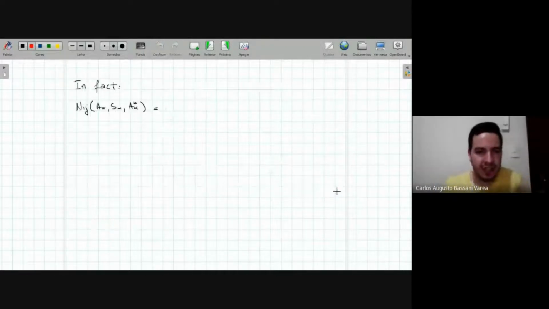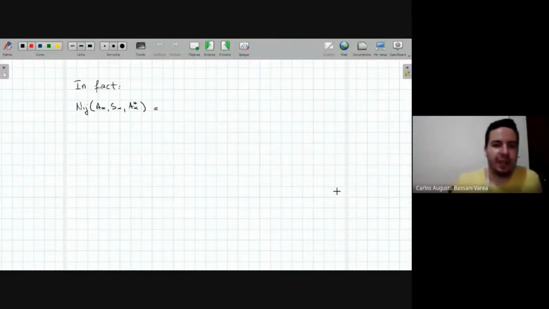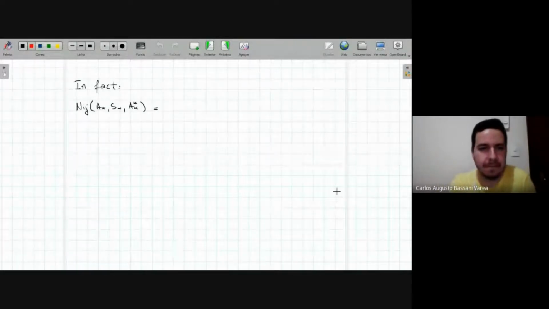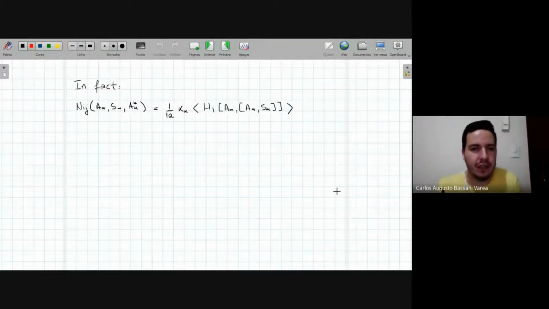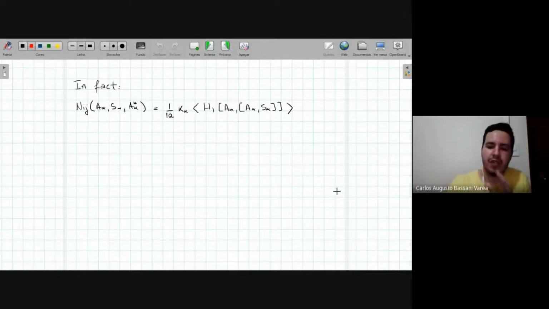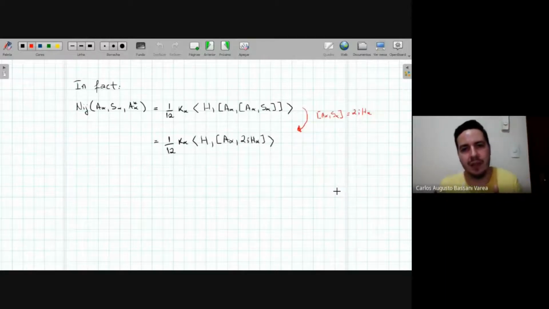So, for example, if we consider the Nijenhuis operator restricted to just one root, for example, alpha. In U alpha plus U alpha star, you have the elements A alpha, S alpha, A alpha star, S alpha star. Let's see what happens with the Nijenhuis operator restricted to these. Just using our expression for the Nijenhuis operator, we obtain this. Using the property of the Lie bracket between these elements A alpha and S alpha, this is 2i times H alpha.